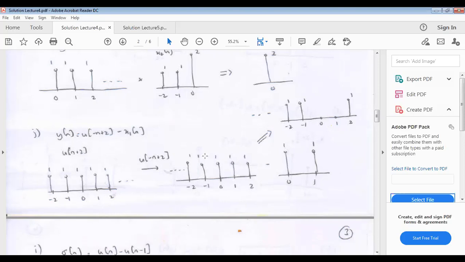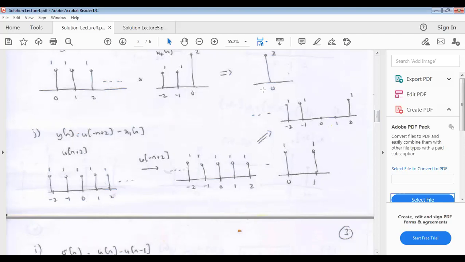And this u[-n + 2] shall then be subtracted with this x1[n]. Consider that we have n at 0 and 1. The subtraction of these two signals will lead to this answer, where we have an amplitude of 1 for n of -1 onwards to negative infinity, 0 for n equals 0 and 1 for n equals 2.